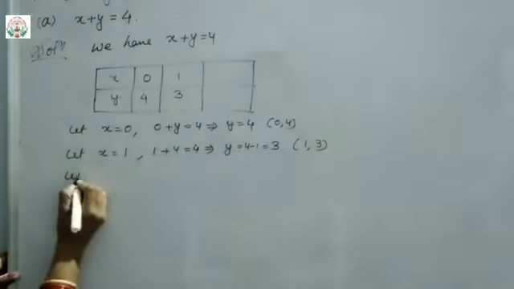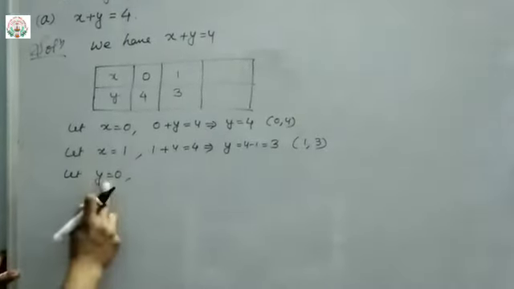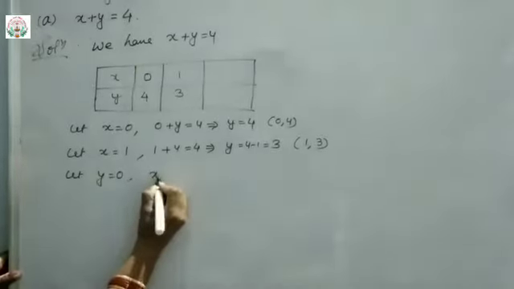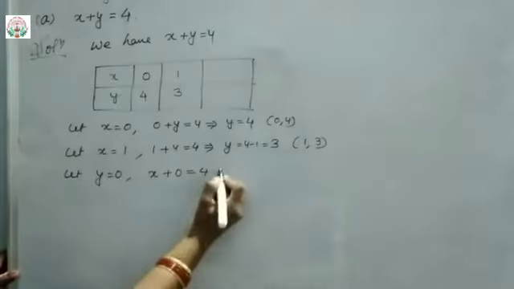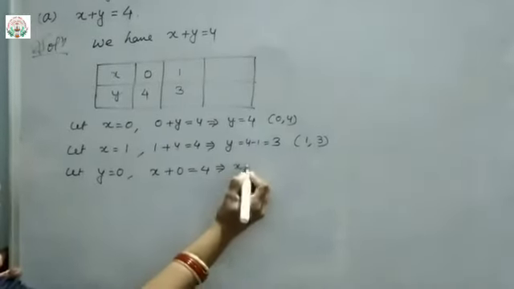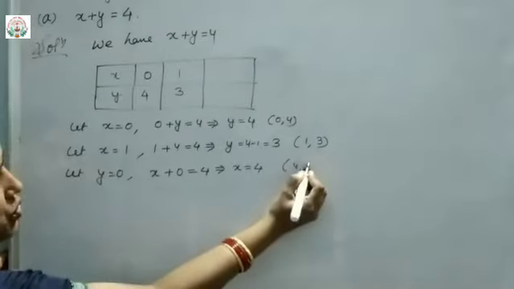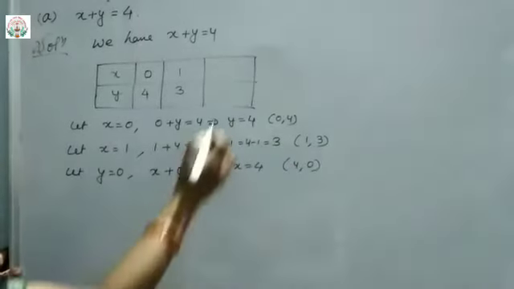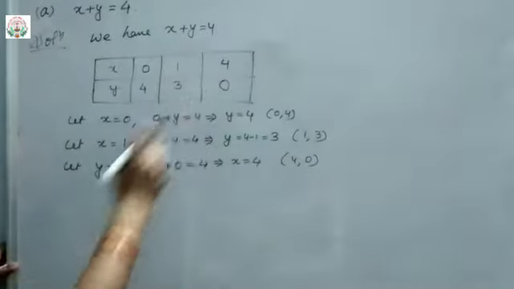Then next, let y equals 0. I can assume when y value is 0, what will be my x value? x plus 0 equals 4. Implies x equals 4. That means when x is 4, y is 0. So I got how many? 3 values I got, 3 points.